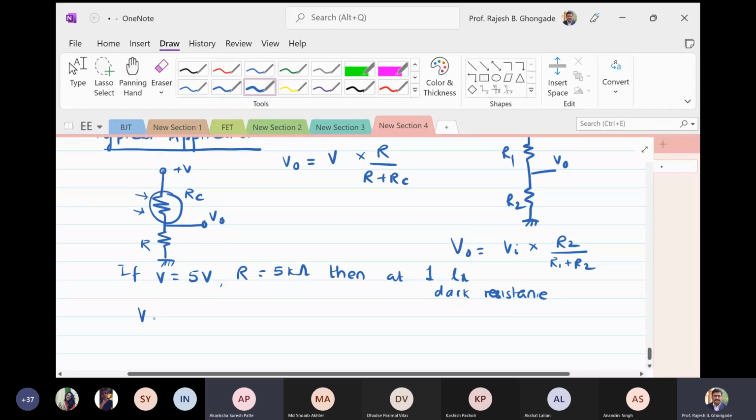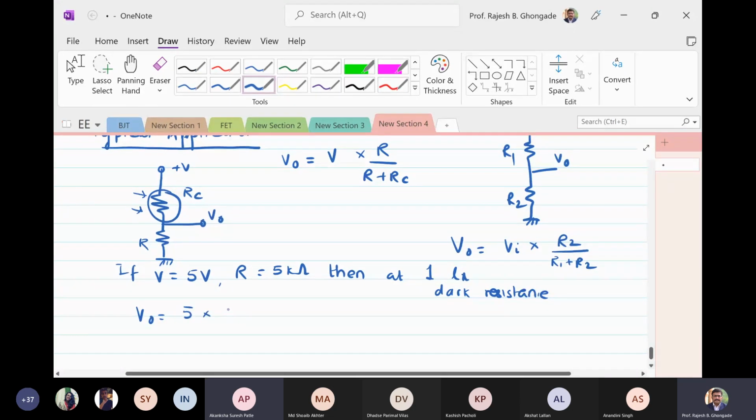VO will be 5 into 5 kilo ohms divided by, assuming the dark resistance is 100 kilo ohms, 5K plus 100K. This comes out to be 0.23 volts.